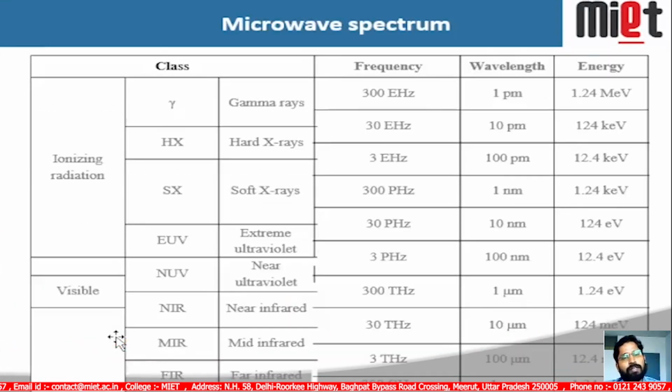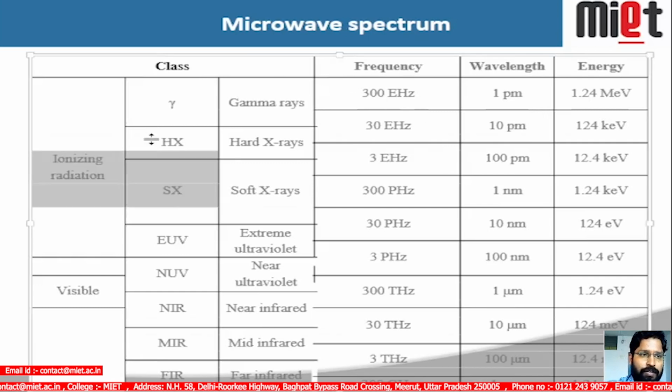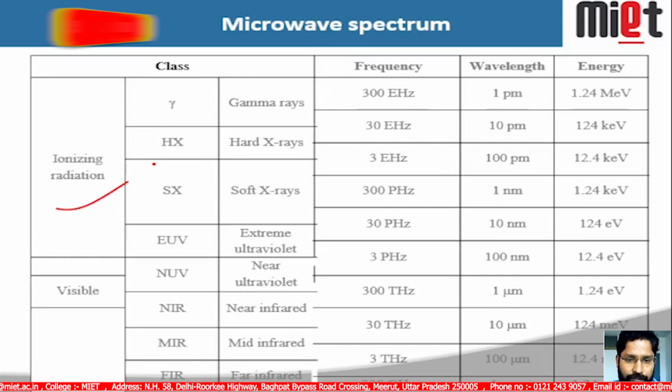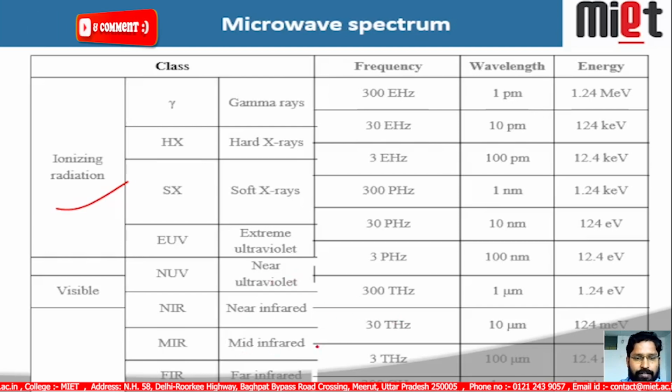These are the microwave spectrum. The ionizing radiation frequency range is given here. The visual frequency range is also given here: near ultraviolet, near infrared, and mid infrared.